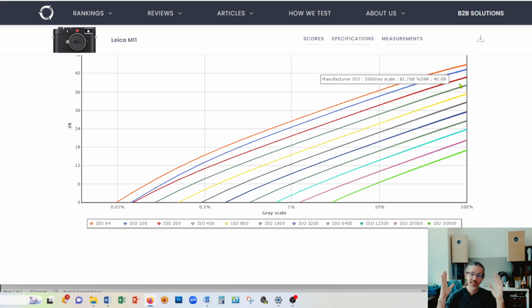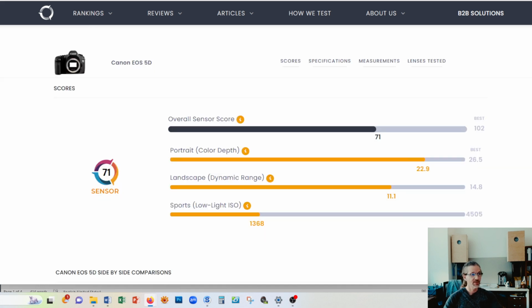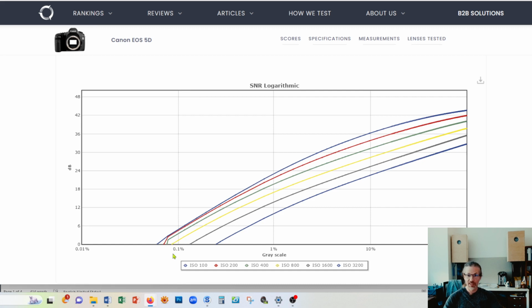If it's not there and you need to do some Photoshop work or raw editing to bring up and down the brightness levels, the gamma, whatnot, then you have lost the advantage, because especially in the dark, you see here the Leica extends to 0.01% at the low ISO settings, and the 5D extends to 0.1%.